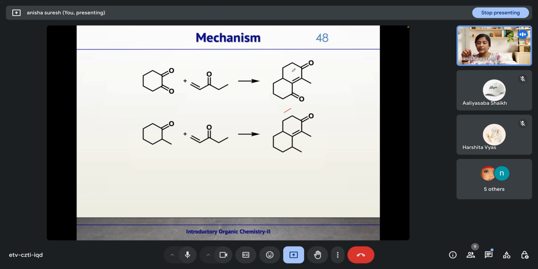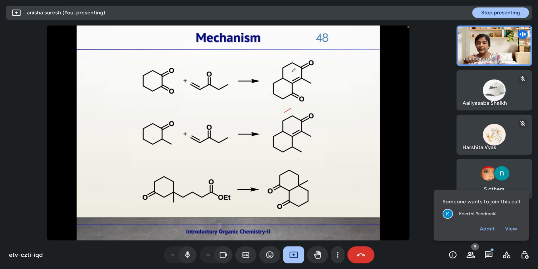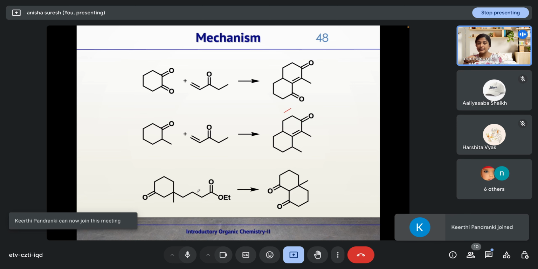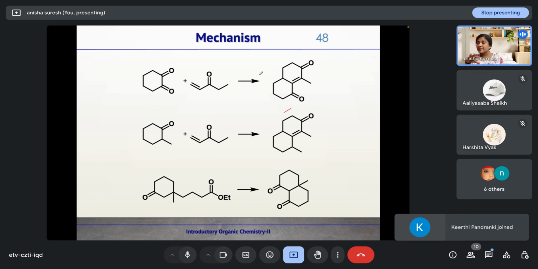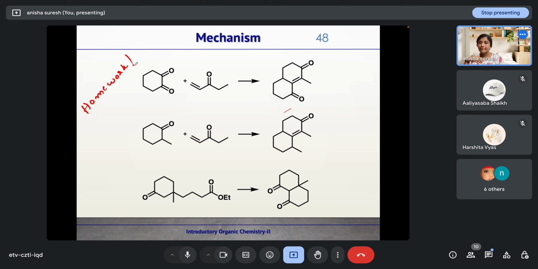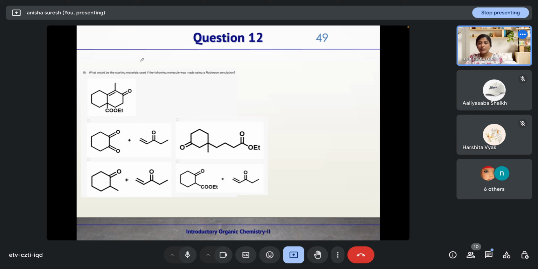When these two are used, this is the major product that we are getting, and when this is used, this is the product that we are getting. So these mechanisms you should work out. You can consider this like a homework. Here this product we are getting by the Robinson annulation reaction of these two starting materials.